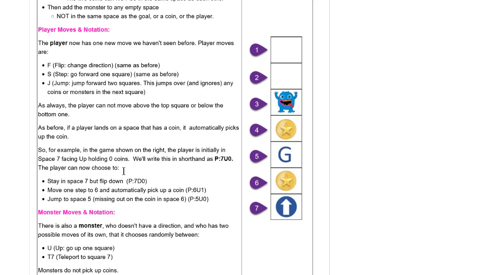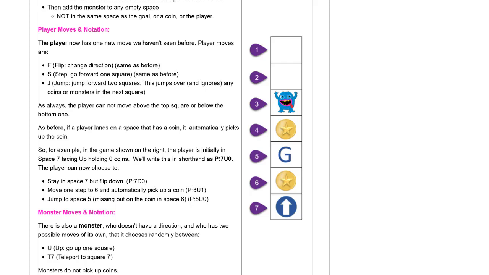I'm going to assume you have this whole thing, but I say, for example, in the game on the right, the player is initially in space 7 with 0 coins, and we're going to write that as 7U0: 7 facing up holding 0 coins. The player can flip down, so that would be 7D0 because they're facing down, or they can move 1 step and automatically pick up a coin, so that would be moving up 1 step to 6 and picking up a coin.